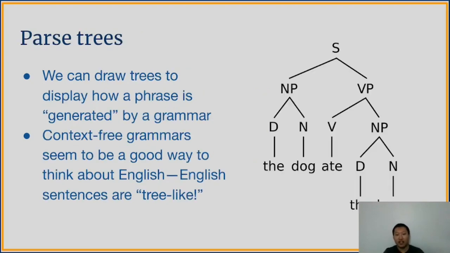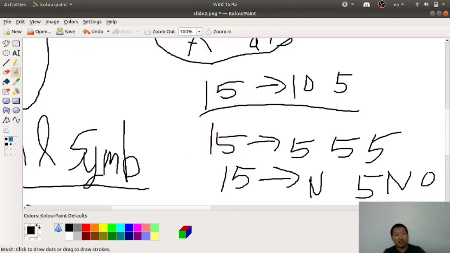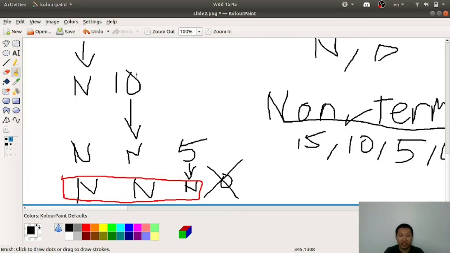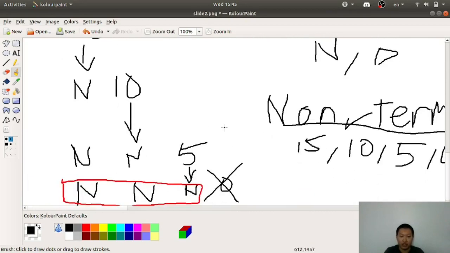Okay, and it turns out that these context-free grammars give us access to a really important tool called a parse tree. So you'll notice with the derivation we did earlier, it already sort of looks like a tree. So let me just redraw it here.